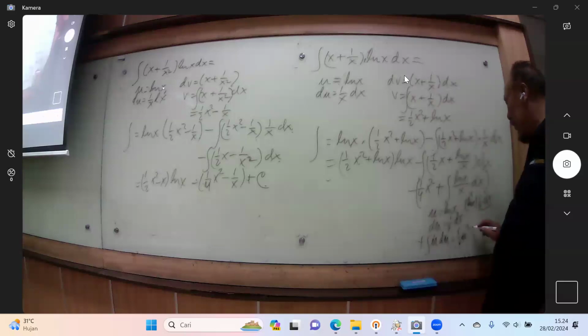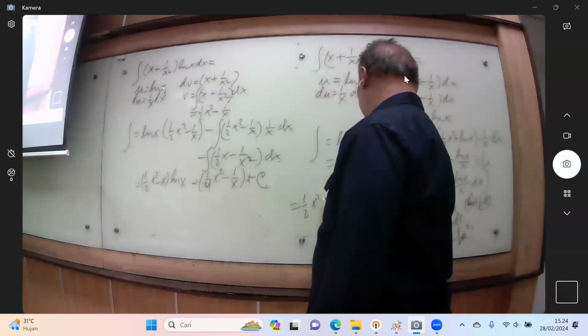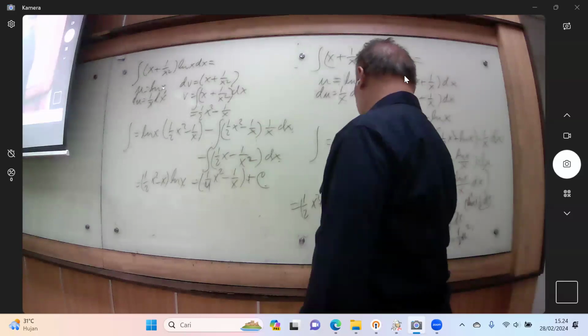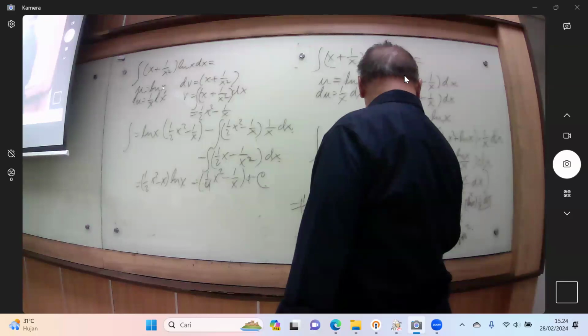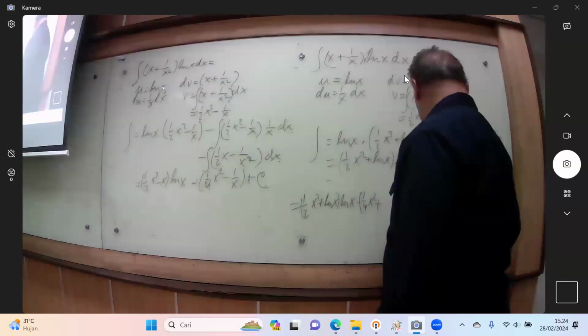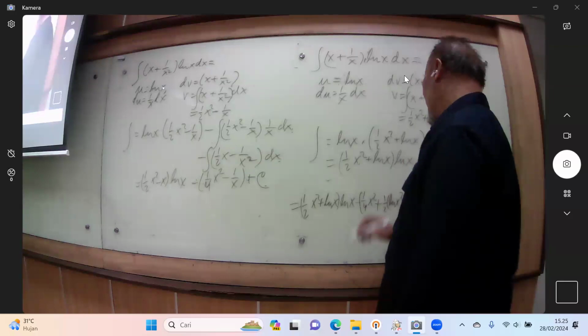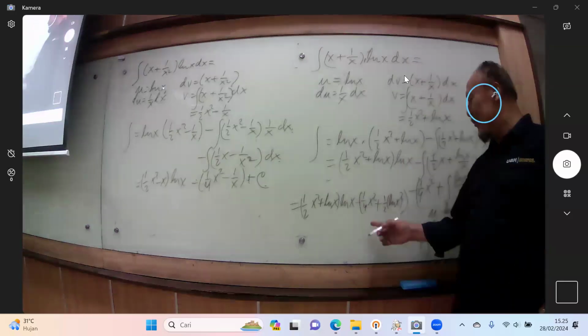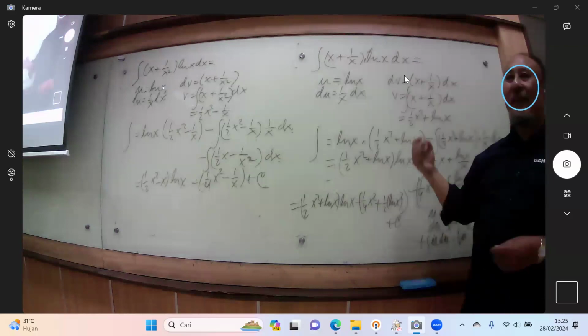u squared. So the result now equals half x squared plus ln x multiplied by ln x, minus 1 divided by x squared plus half u squared. u is ln x, so it's half ln x squared. So we still have the result even if I put 1 divided by x.